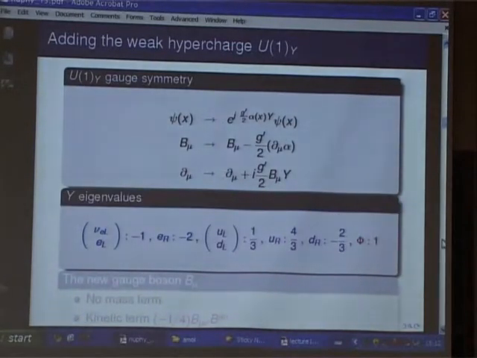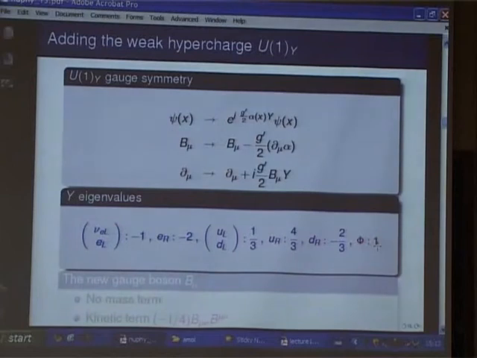So here I have listed all the Y eigenvalues of all the particles that we have. We have the neutrino and electron left-handed doublet, for which Y is equal to -1. For the right-handed electron it is -2. For the up-down left-handed doublet it's 1/3. Right-handed u_R is 4/3, d_R is -2/3, and for the Higgs it is 1.